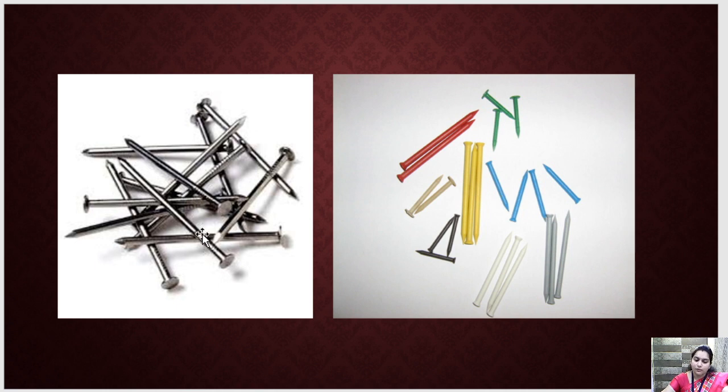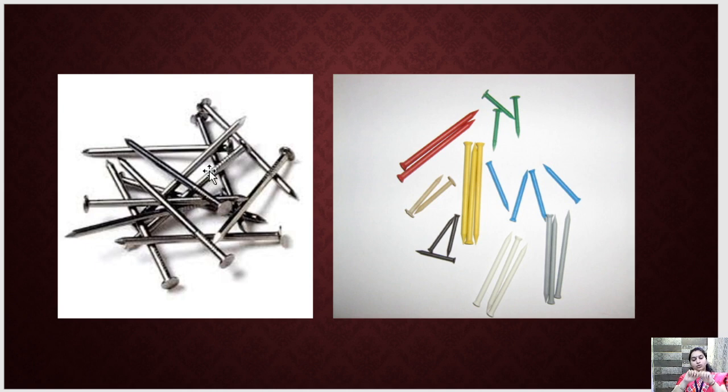Also, the properties of the material are important. See, plastic is very flexible. This plastic nail will be very flexible. Wherever we use it, the duration of sustaining it is less. But this iron nail is very strong.